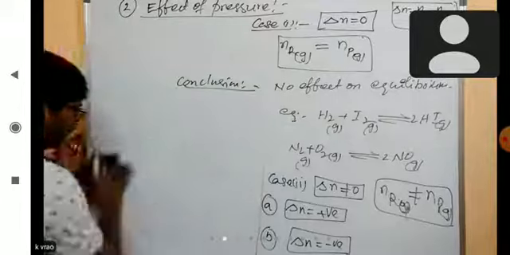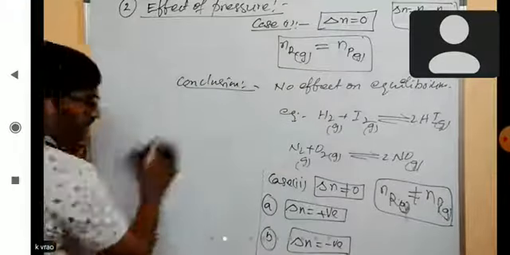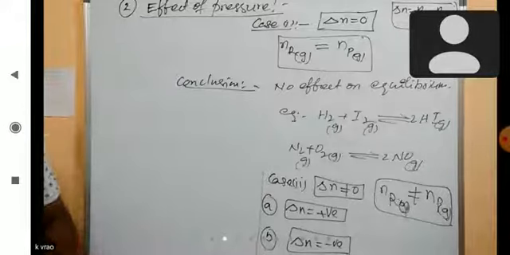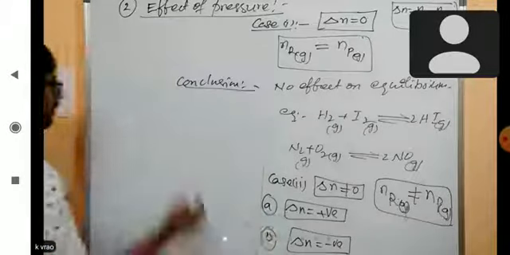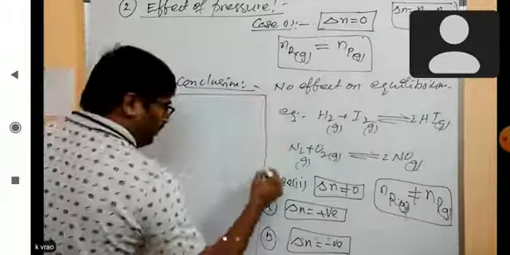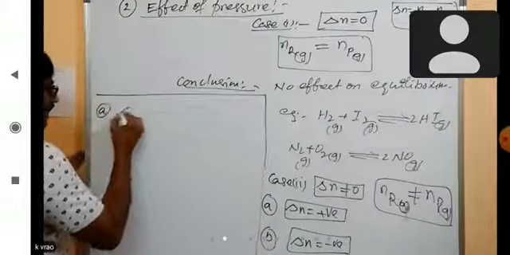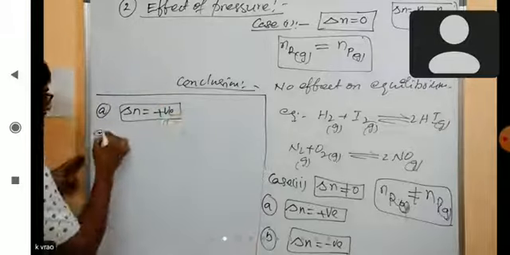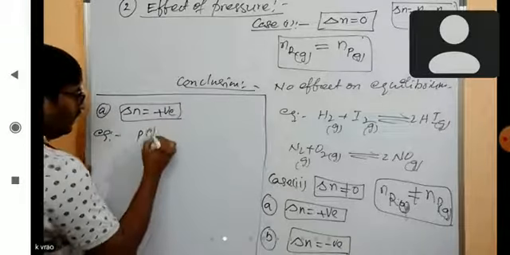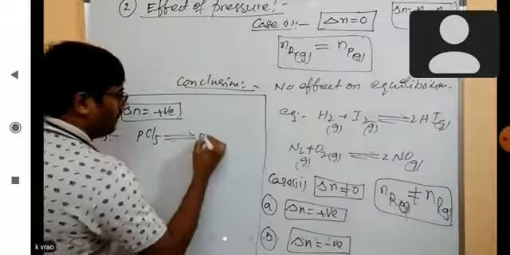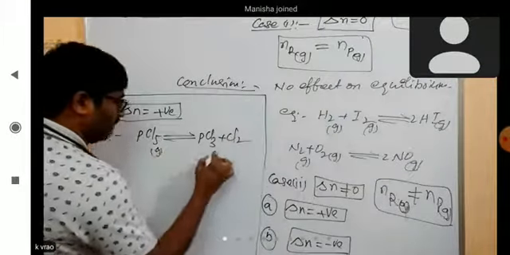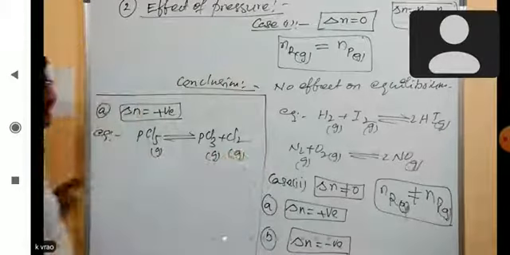I am taking case 2A, the second case, example A. If delta n is positive, an example of this reaction is PCl5 gives PCl3 plus Cl2.